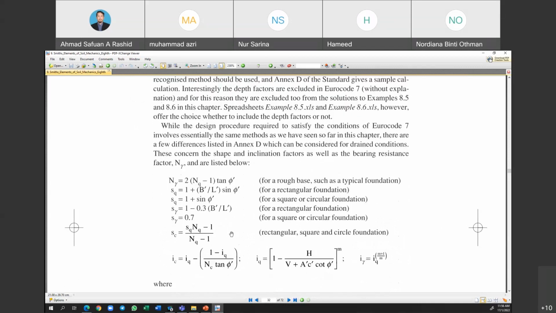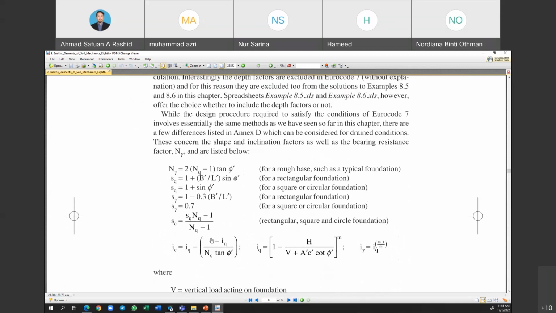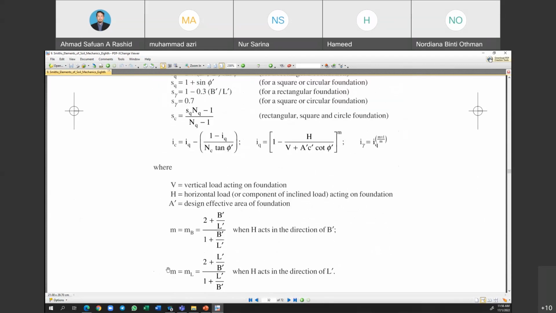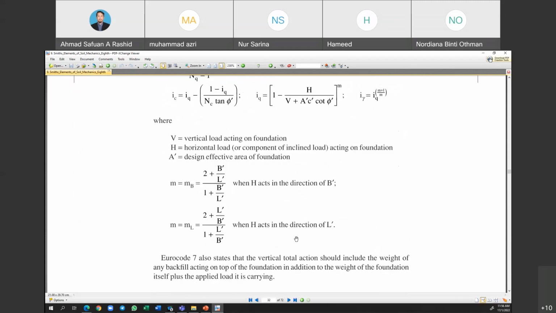The difference is that there is no depth factor. However, they do make some improvement on the I, where we can include the eccentricity effect.